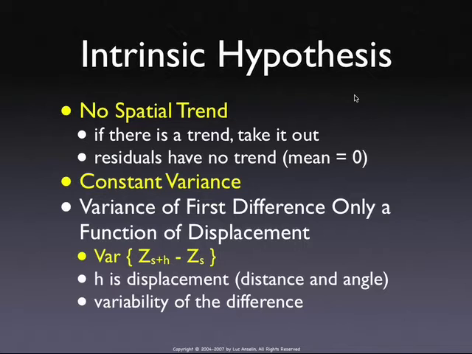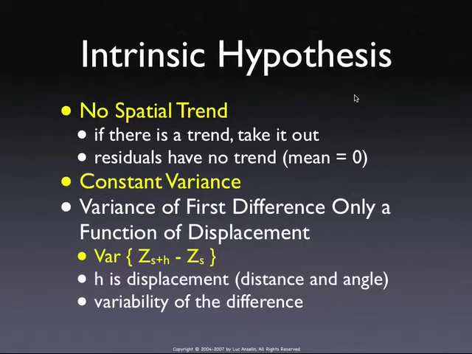And that is the concept that we're looking at here, the variability around the difference of two random variables taken at locations that are a given displacement h apart. And in the slides that follow, we'll use this h thing. In theory, h is both distance and angle, okay, and direction.